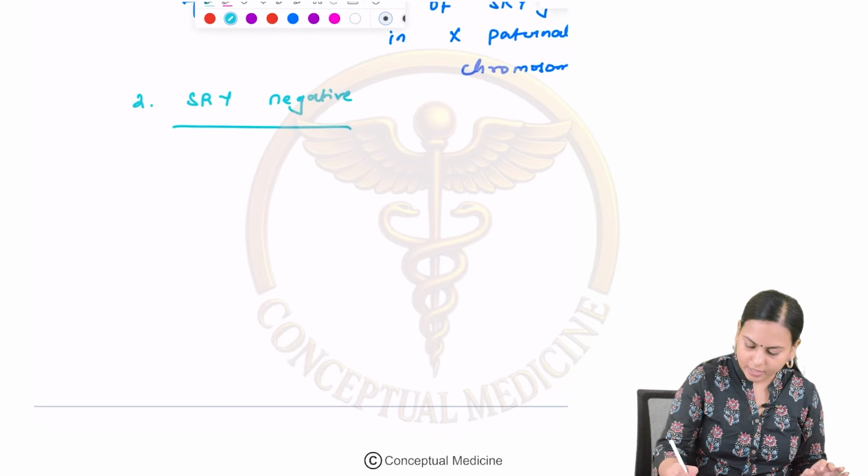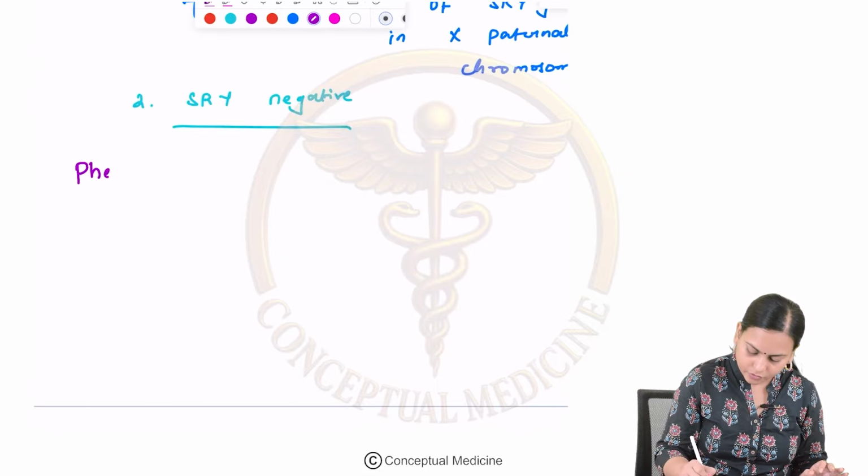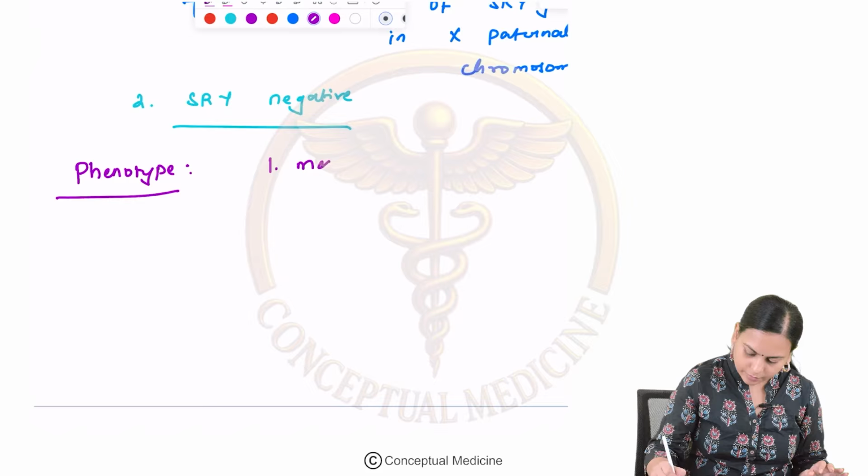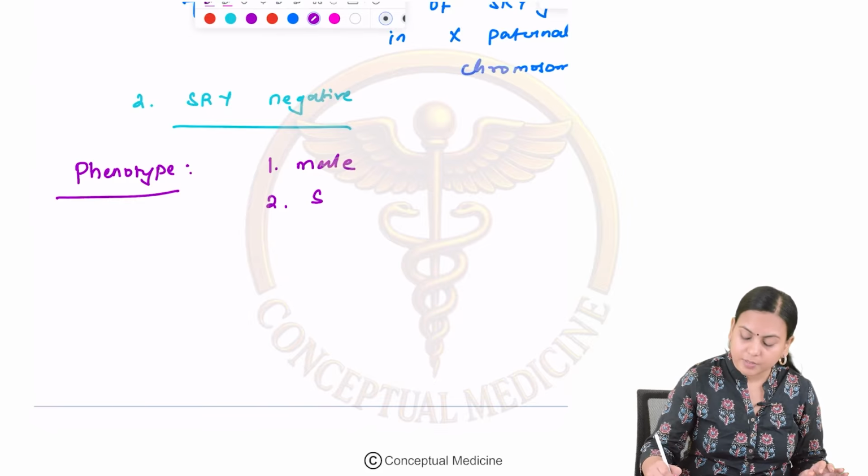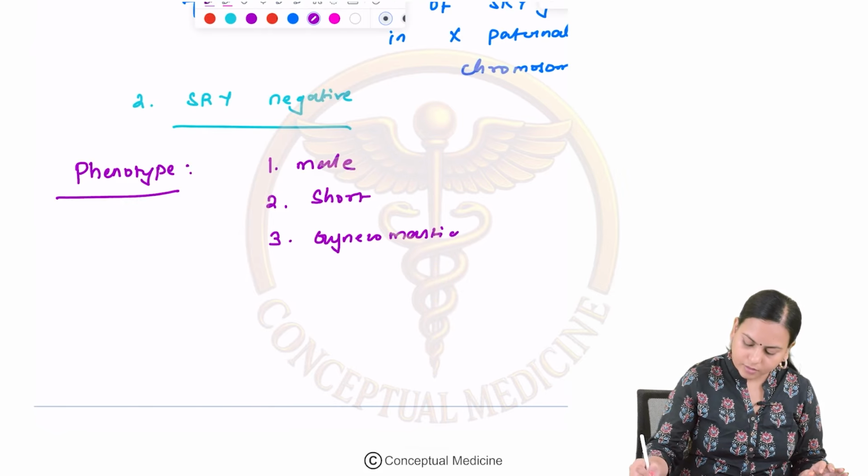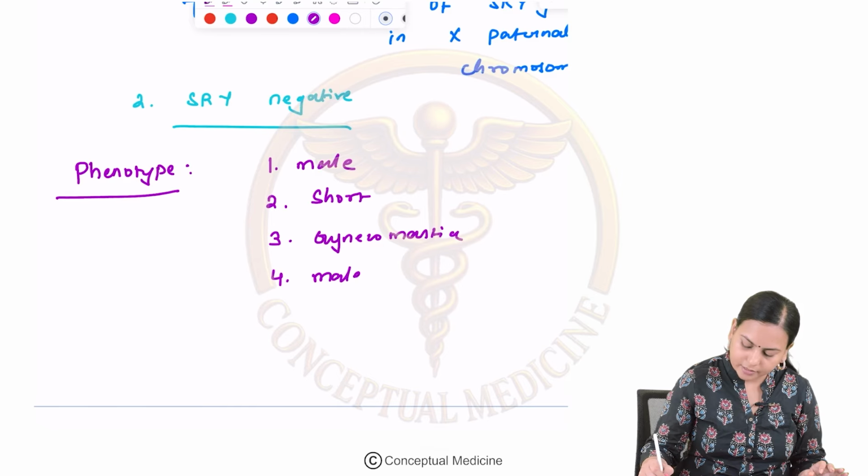Next one, let us see how the phenotype of these people will be. So phenotype is going to be male phenotype. These people are usually short, having gynecomastia and male genitalia.